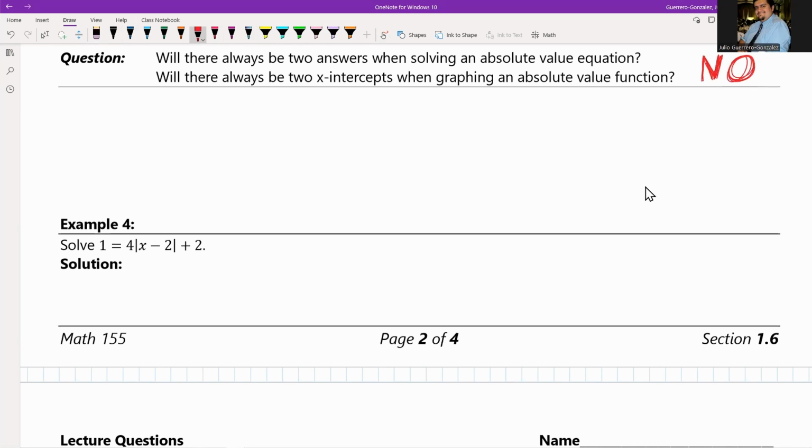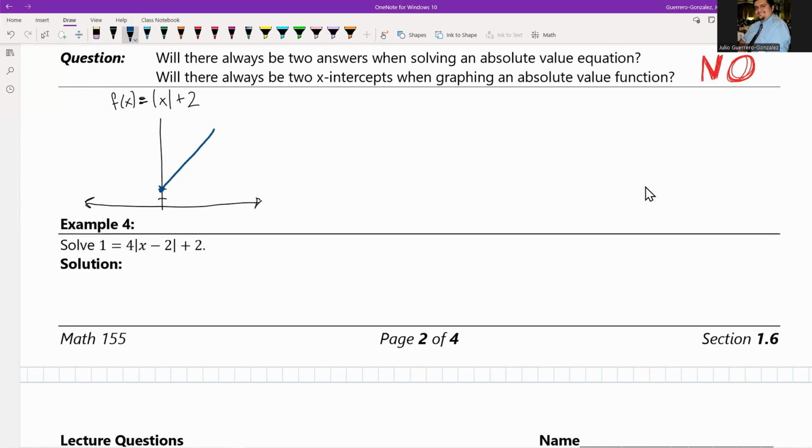I'm going to give you an example. I'm going to take this function right here: f of x is equal to the absolute value of x plus 2. Hopefully you guys already see what this graph is going to look like. Here's my graph.